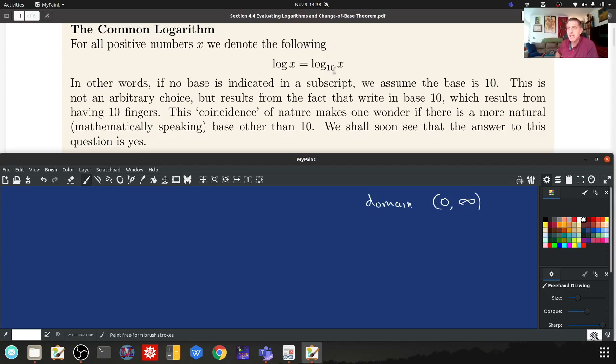And even then, the more natural mathematical approach is to use the natural log rather than the log base 10, because the fact that we have 10 fingers is a coincidence of nature.